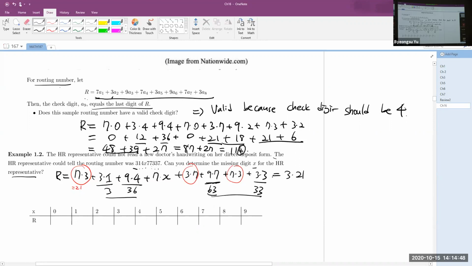And adding those two numbers gives you 96, 39. So this is 39 plus 96 plus 7x. And this one is just 63. So 63 plus 96 is 159 plus 39 plus 7x.